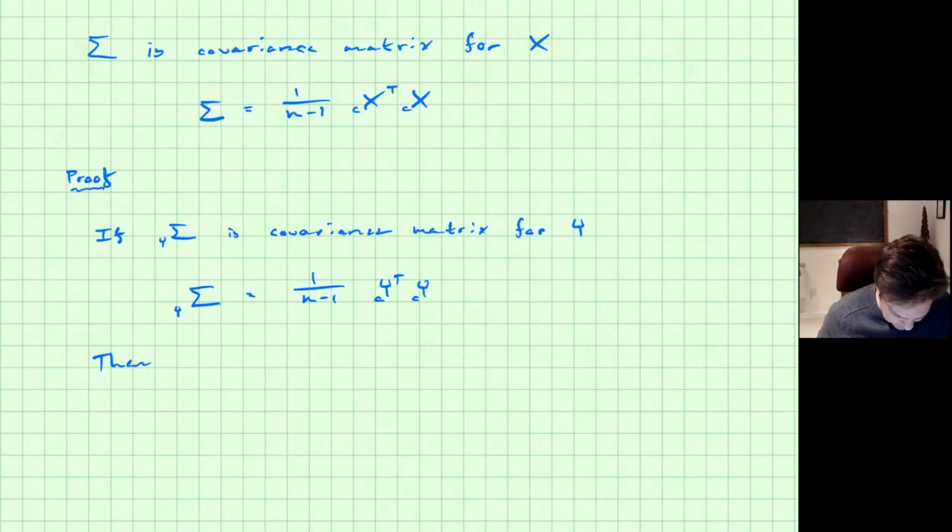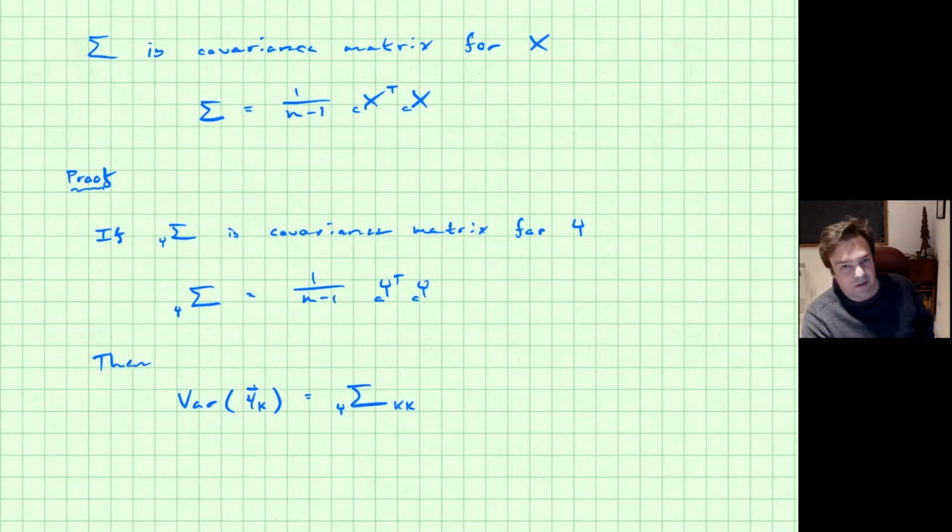So then the variance of column k is equal to the kth diagonal element of that matrix. So row k, column k of y's covariance matrix, right?